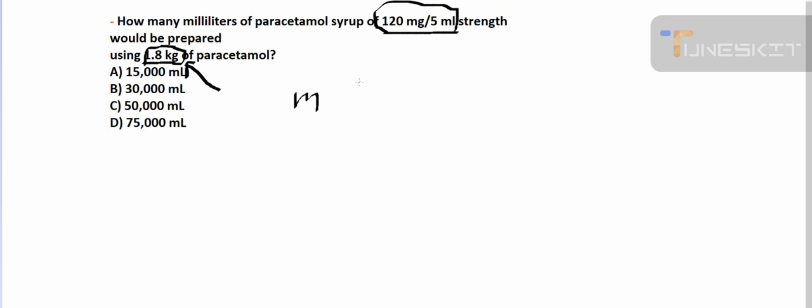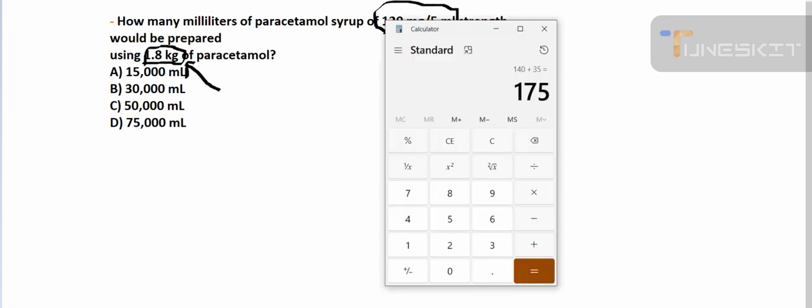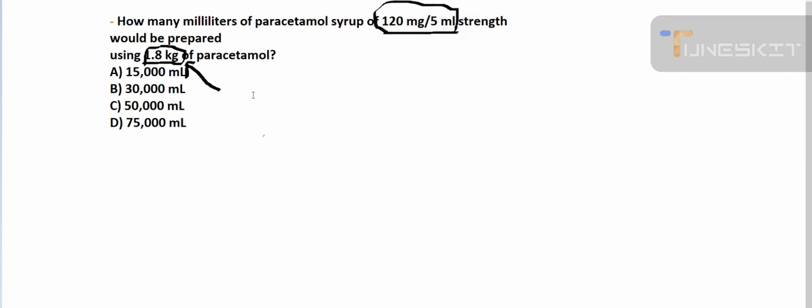It means we have to multiply it with 10 raised to power 6. So this will be the amount in mg. Very simple.